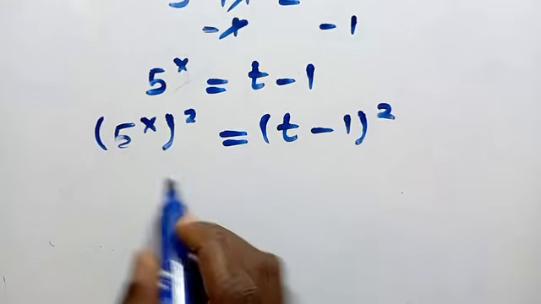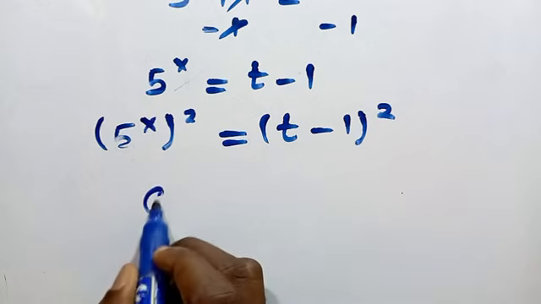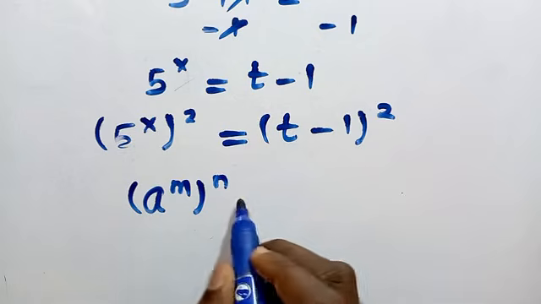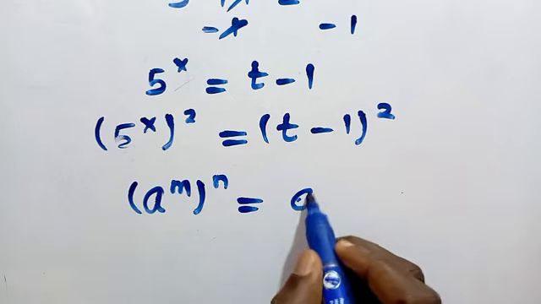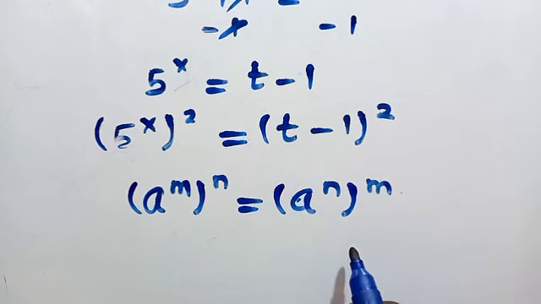Then there is a rule of indices that says a raised to power m raised to power n equals a raised to power n raised to power m.